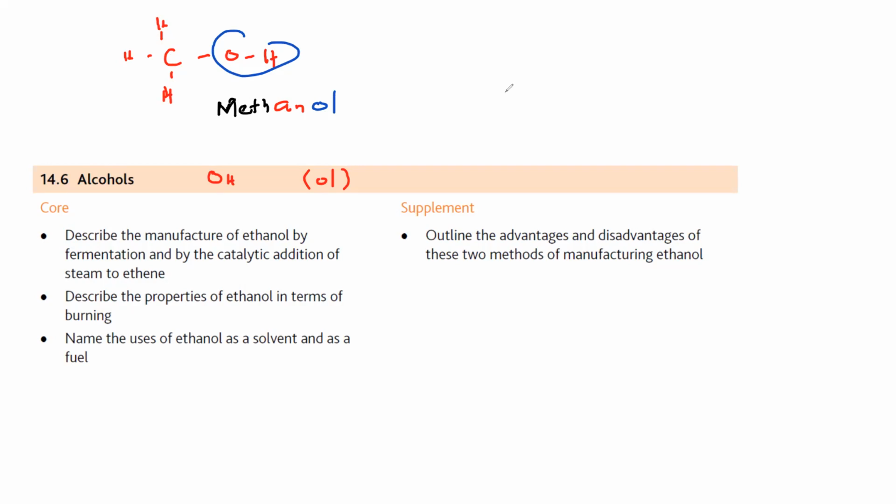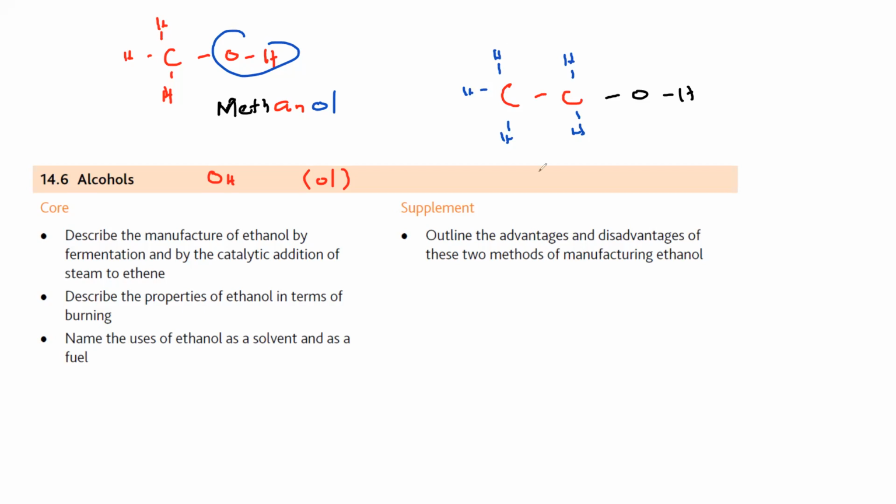Same thing, if we have two carbon atoms and there is an OH group attached, this will have three hydrogens, this will have two, and then OH. Oxygen can form two bonds; it belongs to group 6. Now, what is the name of the compound?